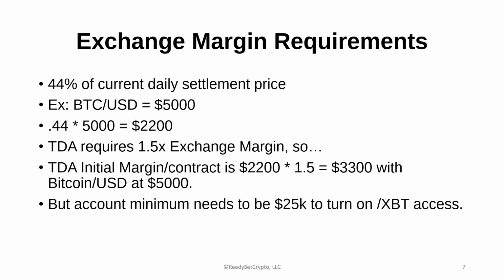And don't forget, no matter what, the account minimum needs to be $25,000 just to turn on the XBT access. Now, one other word here is that these brokers, such as TD Ameritrade, can change the margin requirements at any given time.